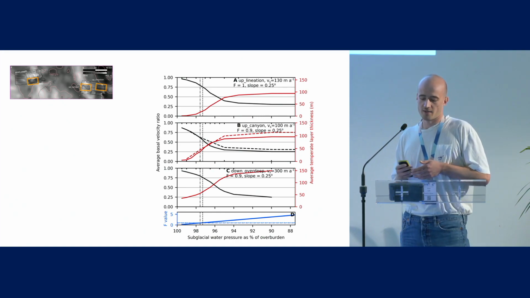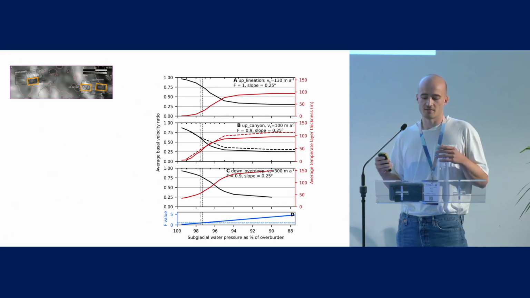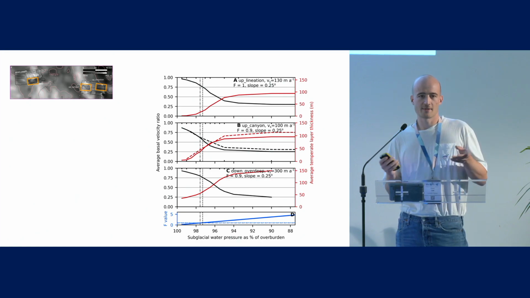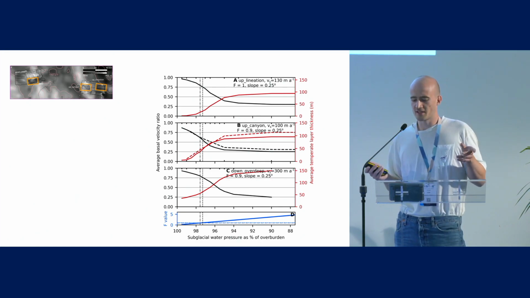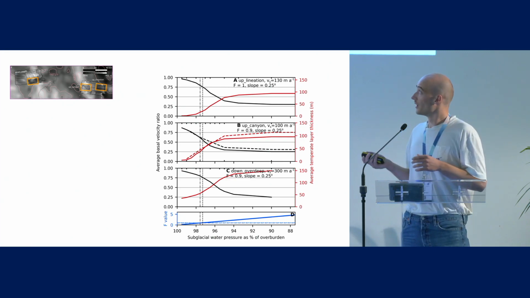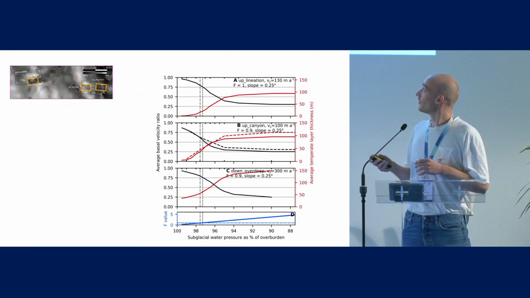The figures you've seen already have an F value of just about 1, meaning basal traction can just balance driving stress. However, considering the inferred basal traction field we saw earlier, we'd actually expect Up Lineation not to be in local balance, but to be supported by much higher traction at, among other regions, the rough elevated sites.